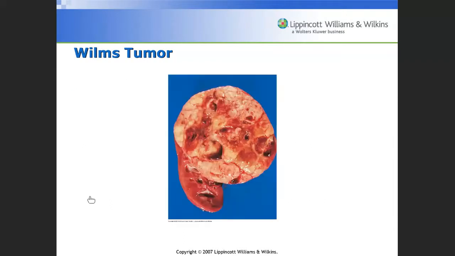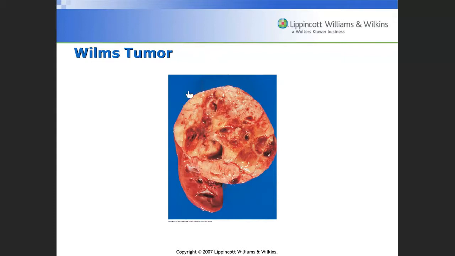Okay? So here's what the Wilms tumor might look like. It might start out as a neoplasm, and it could become an aggressive malignant tumor. Okay, and the Wilms tumor is very, very common in children. Okay, so keep that in mind.